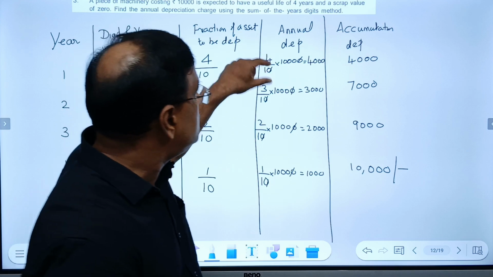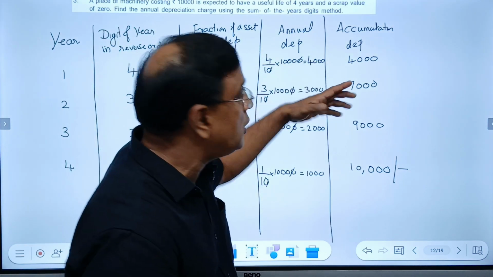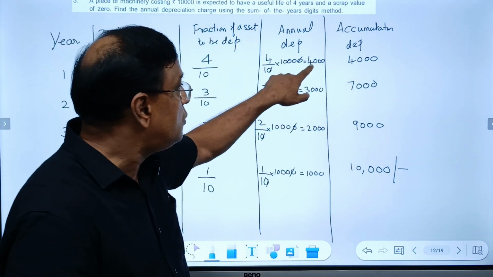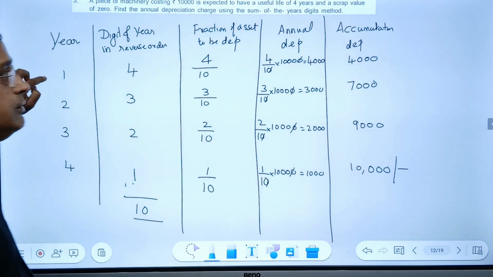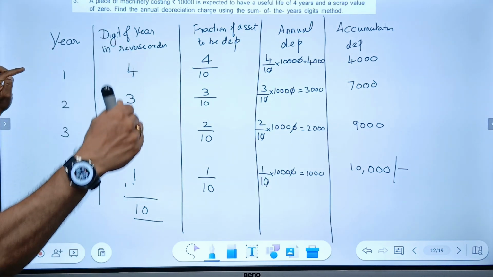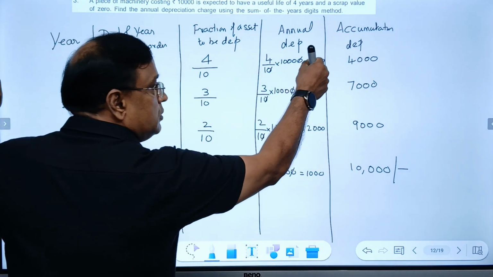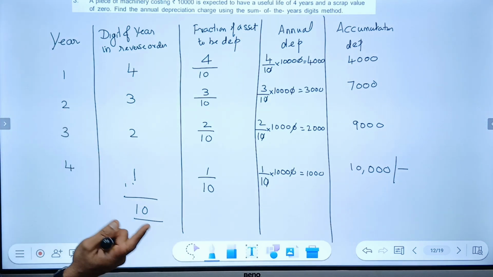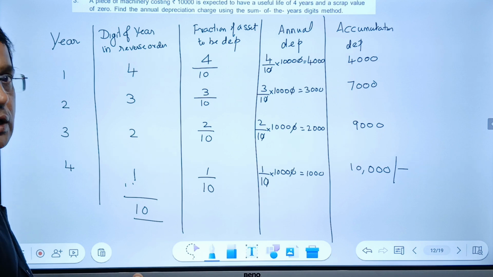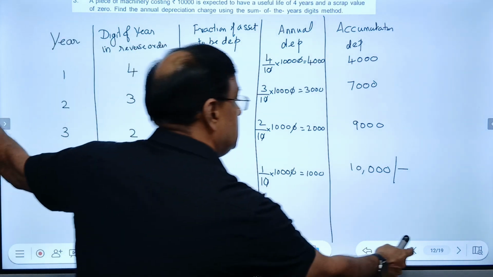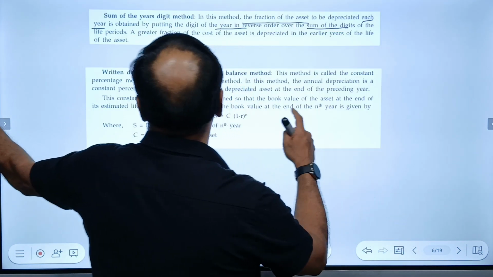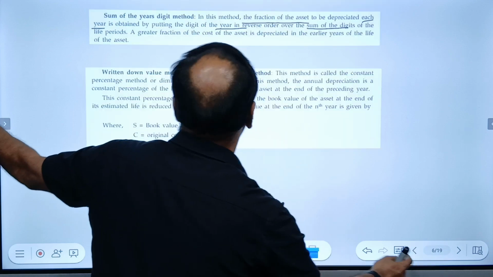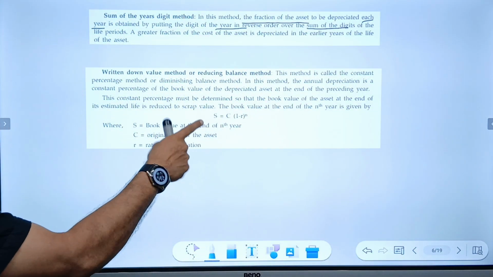A huge amount is depreciated. Out of 10,000, 4,000 is depreciated in the beginning itself. And as the years progress, the amount decreases. That is why it's called the sum of the years digit method. It is not very effective. Generally people follow the linear method, and they will also follow the reducing balance method.